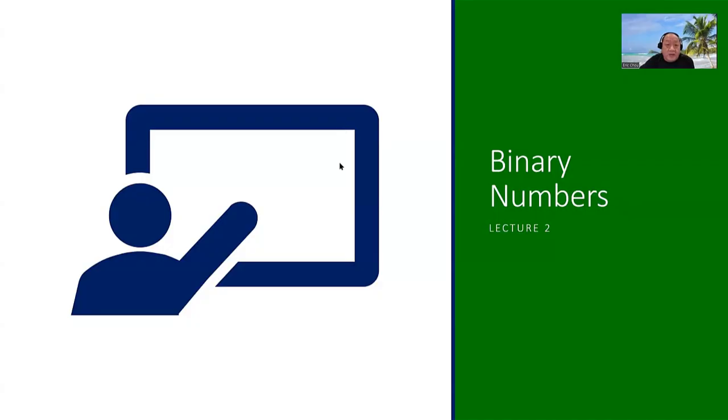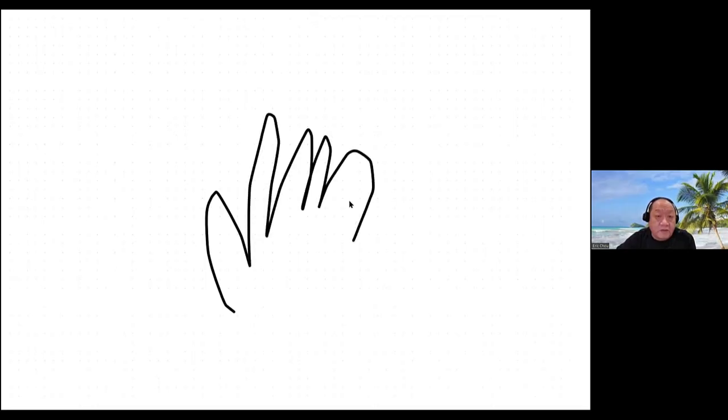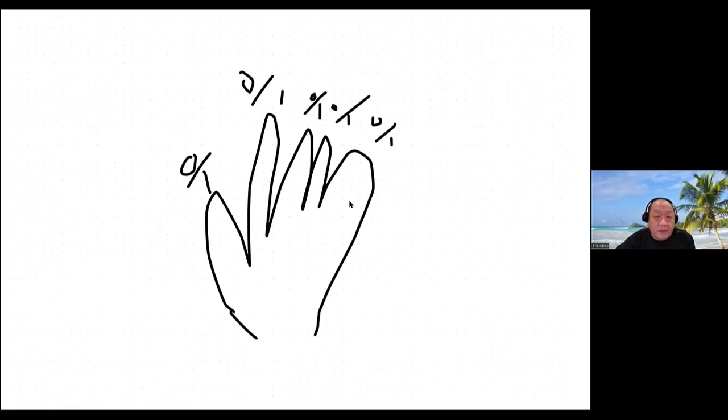So basically I have 5 fingers. Given these 5 fingers, this is 0 or 1, this is 0 or 1, this is 0 or 1, this is 0 or 1, this is 0 or 1. So I'm using a binary system. I have 5 bits. Each finger represents 1 bit.